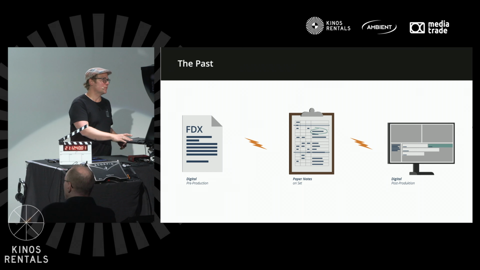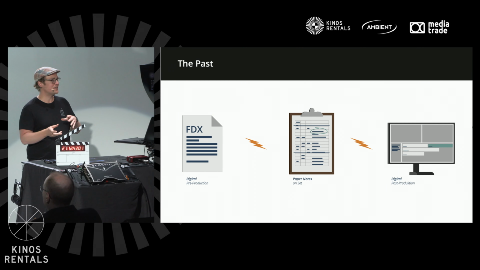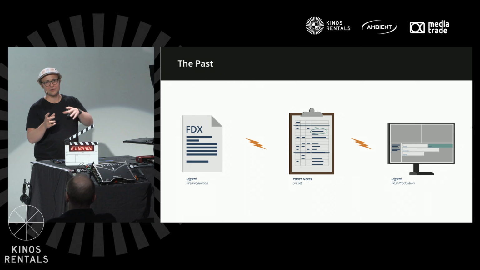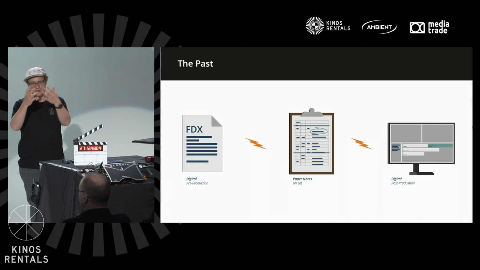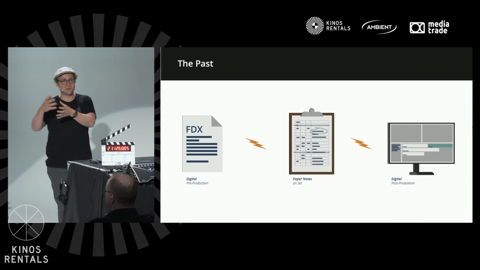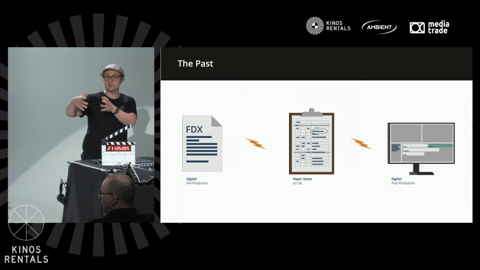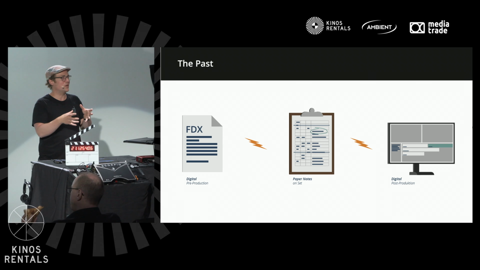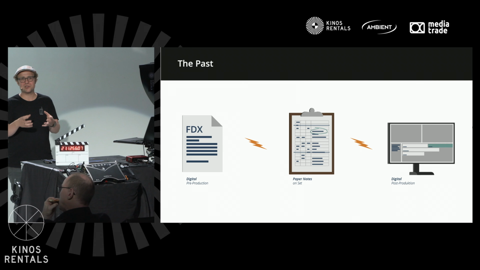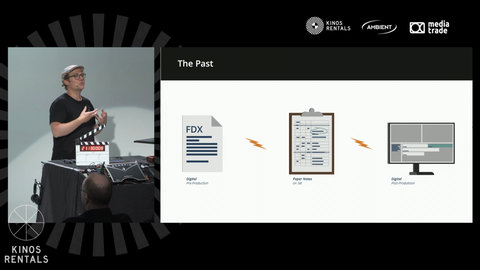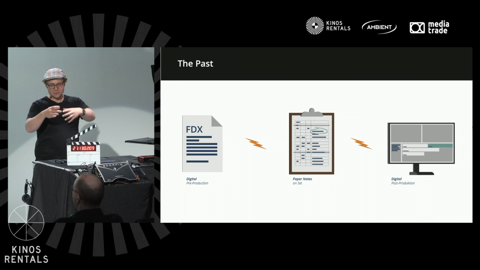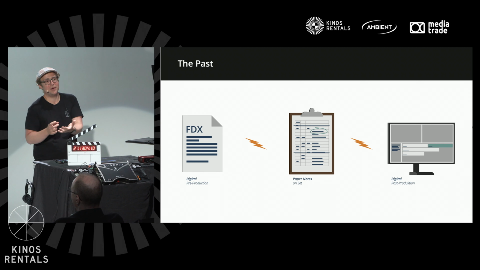Basically, what we're trying to fix here is the issue that for a long time there's been a digital pre-production, be it screenwriting tools or pre-production planning tools, and you have a digital post-production, but on the set, where all the information is, where we see what really happens, you still write down stuff on paper.